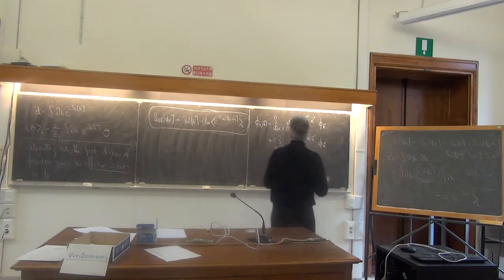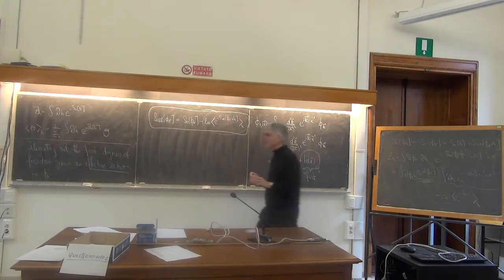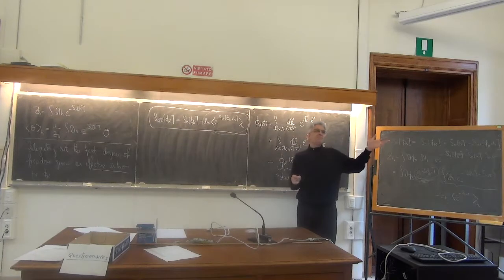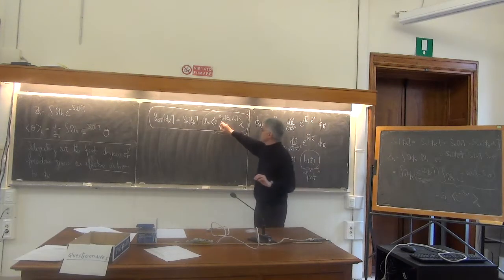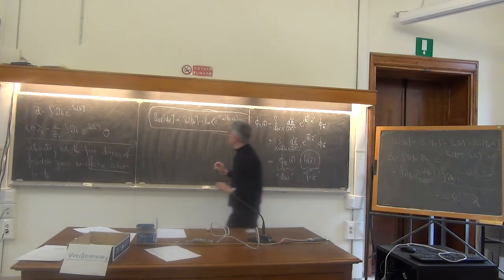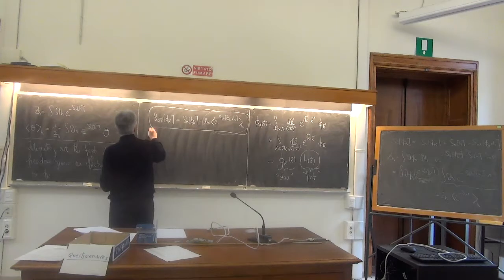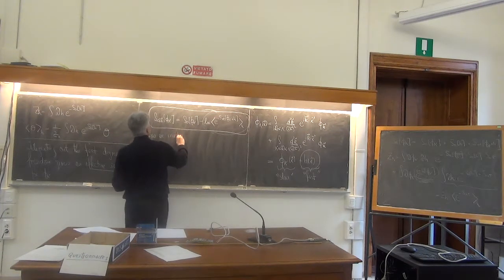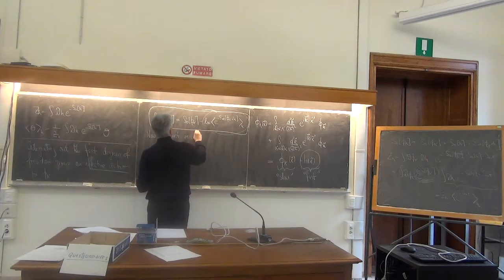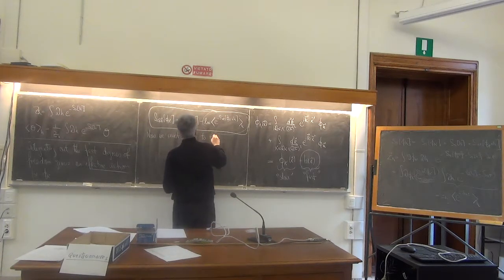This interaction part of the action had a parameter, this lambda parameter. So now let's assume this lambda is small and just expand this quantity here. So now we must resort to perturbation theory.